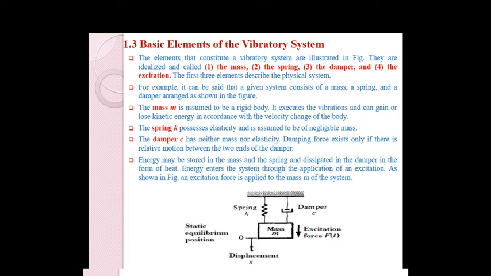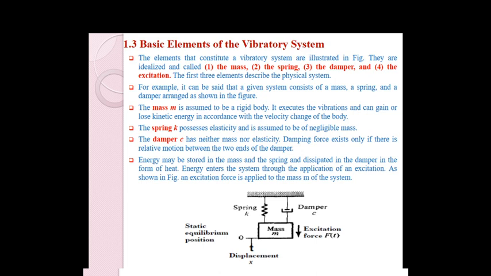This way, the basic representation of any vibratory system has three elements, that is mass, spring and damper, and on the mass we apply the excitation force. The mass has the function of changing energy from potential energy to kinetic energy, and the spring has the function of providing elasticity to the system, so that we can observe it as a vibrating system.